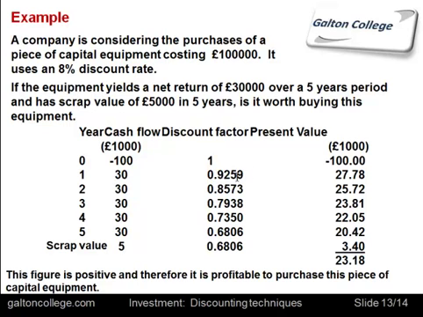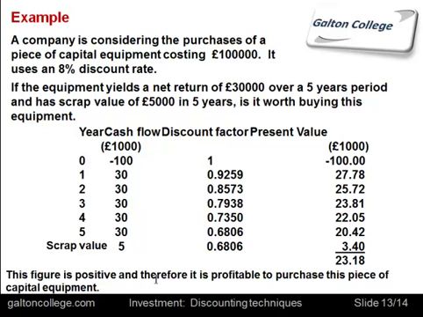So you simply take that and multiply it by the 30, which gives you 27.78, and do it for each one all the way down. This one is 30,000 in the 5th year and a scrap value of 5,000, so it's the same figure. And just tot the whole thing up and you find it's 23.81.